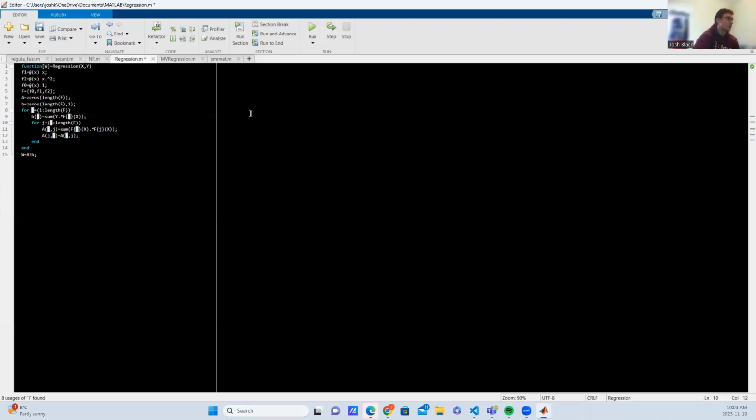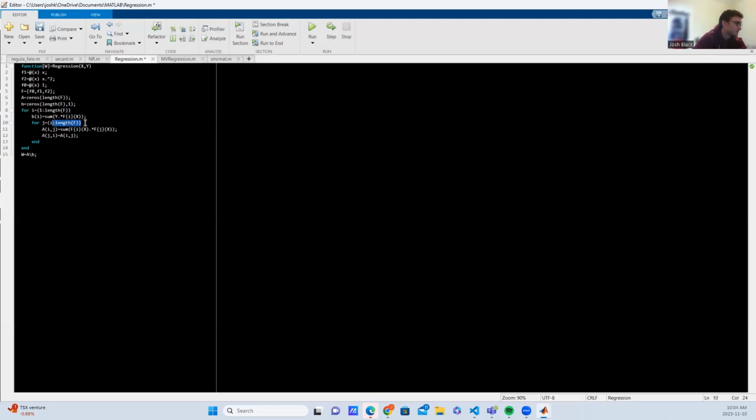And we go all the way over to the very end, the length of F. And then simply A(I,J), so the row that we're at and its column, is equal to the sum of all of these values: F at I at value X times the function that is in the J index at X. So whatever row we're on, we're multiplying all of our other functions by that at X, and the column is changing every time this iterates.